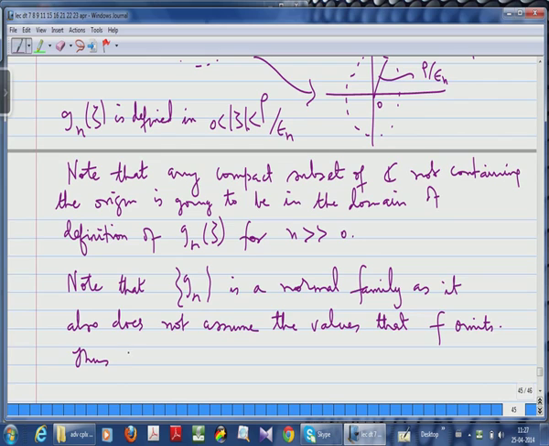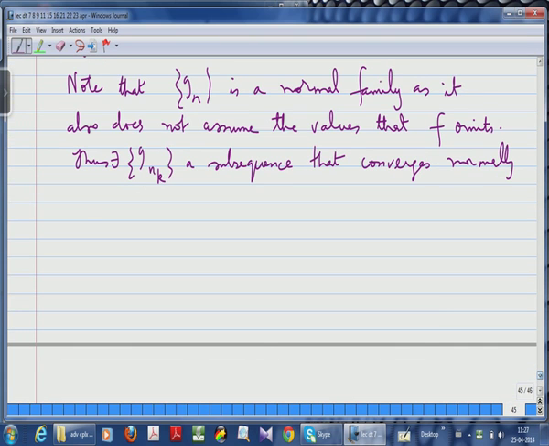So let me write this. Thus there exists a subsequence Gnk that converges normally to G of zeta on C minus the origin.